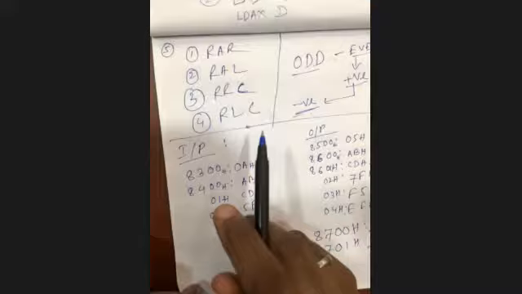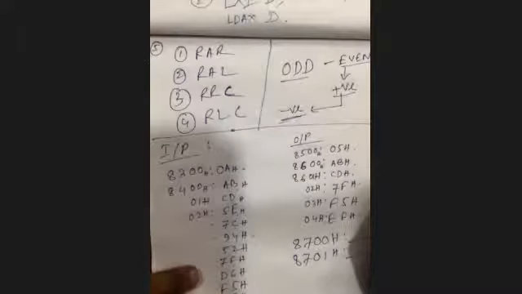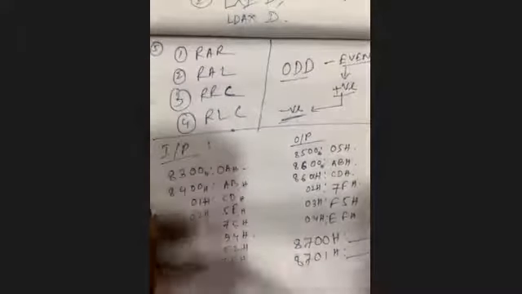So, first, what are the initializations? What data do you require? How many numbers are available? Where are they stored? Look at the data array. LXI H, 8300H. The count is stored at 8300H.